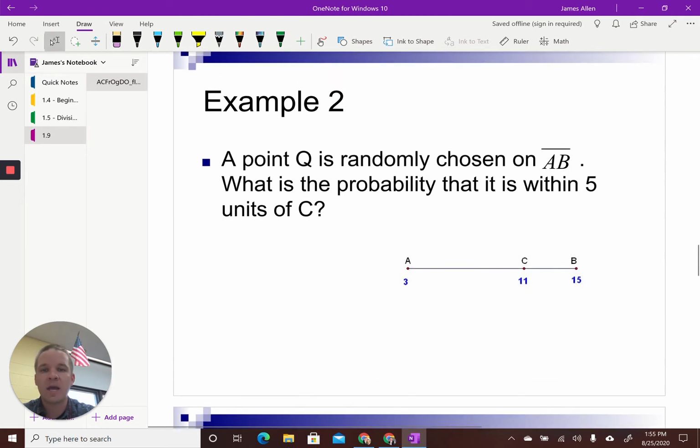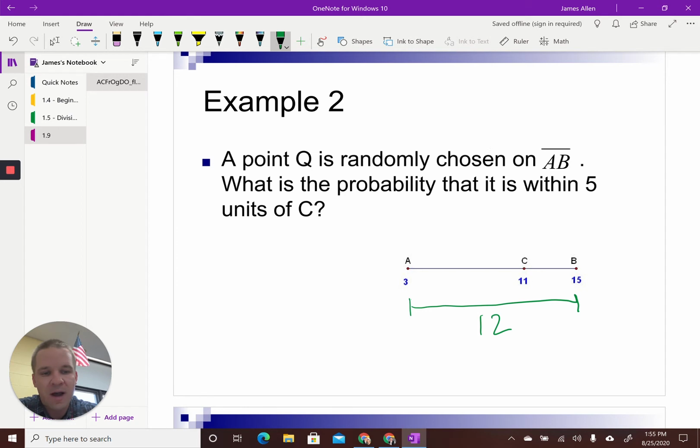So here we have a point Q randomly chosen on AB. What is the probability that it is within 5 units of C? Sorry, why did I say 3? 5 units of C. So we're saying that it's within 5 units of C. Well, how long is this whole segment right here? From 3 to 15, we're looking at a length of 12 altogether, right?